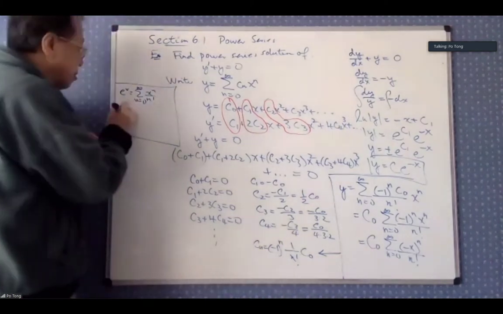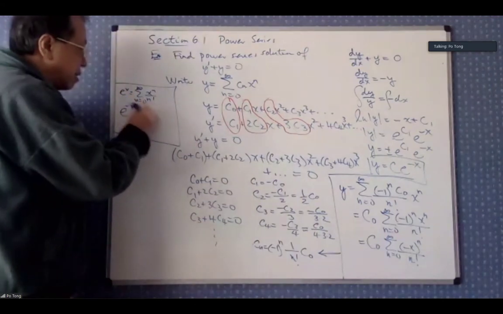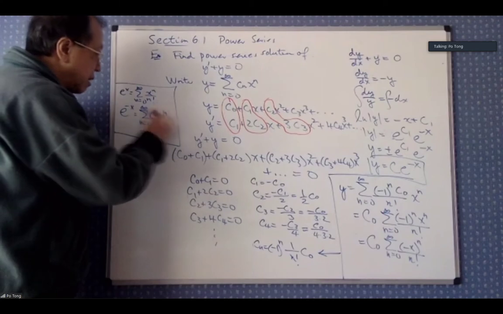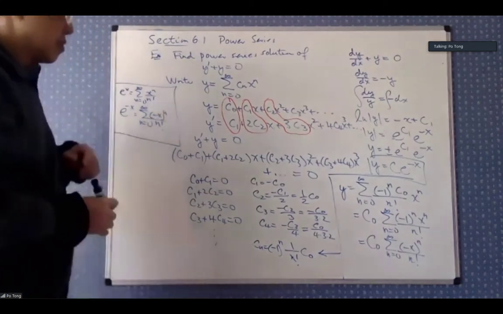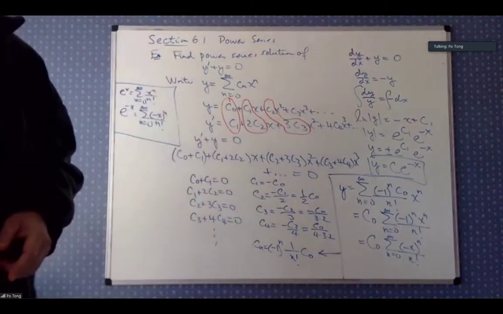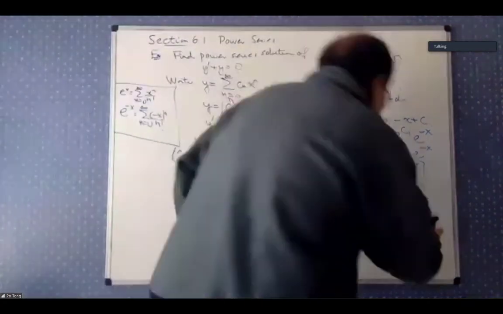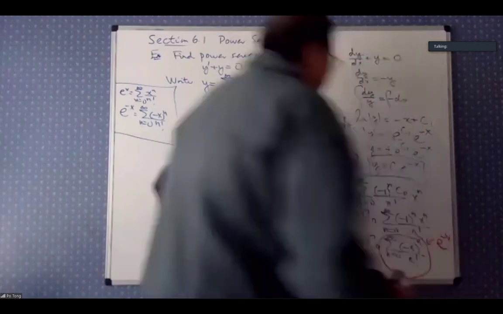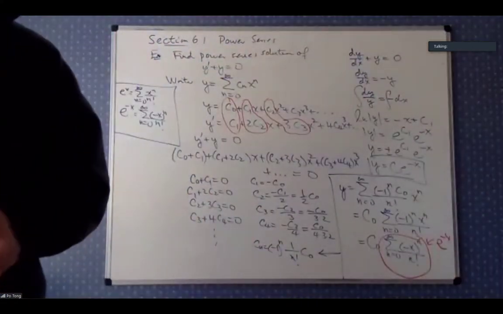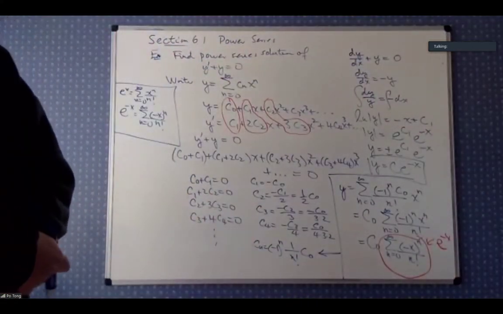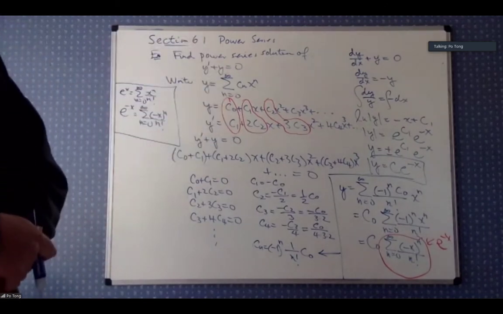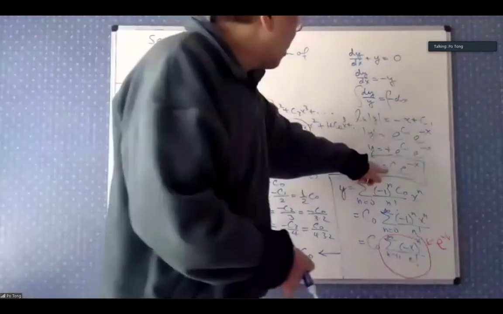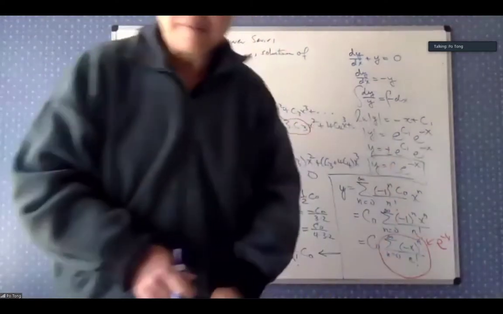Okay, so e to the power minus x will be minus x to the power n over n factorial. So what we have here, this guy here is e to the power minus x. So I got my answer, the same as what we did using separation of variables.